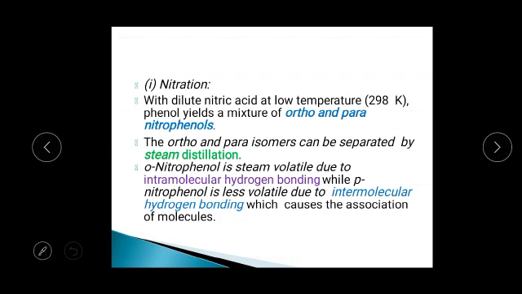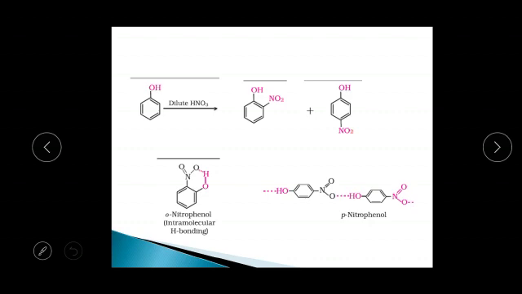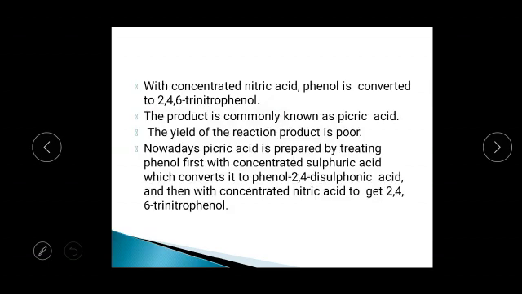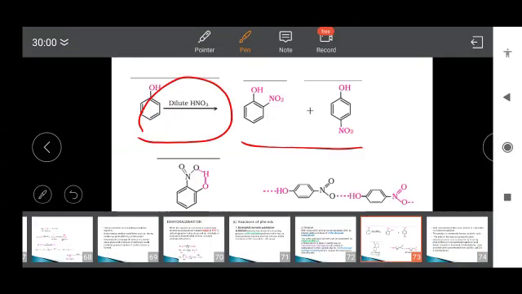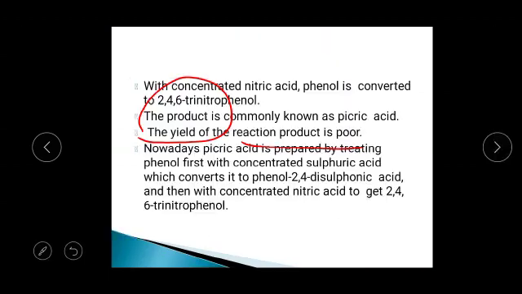Let's see the reactions. For example, nitration. With dilute nitric acid at low temperature, phenol yields a mixture of ortho and para nitrophenols. But if we use concentrated nitric acid, we get 2,4,6-trinitrophenol, which is known as picric acid.